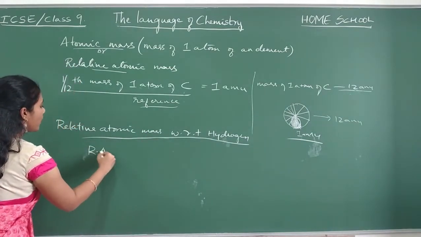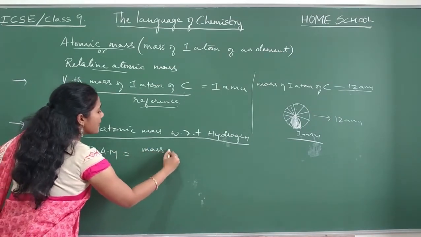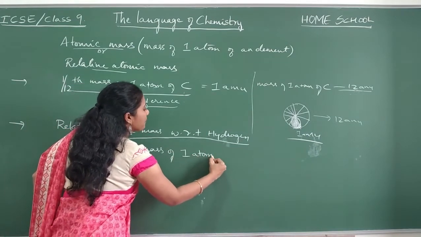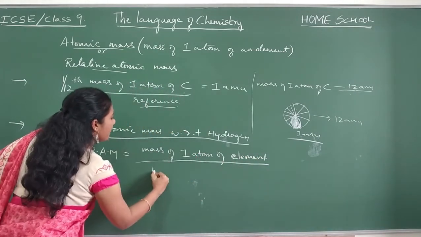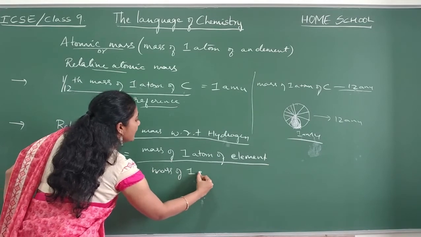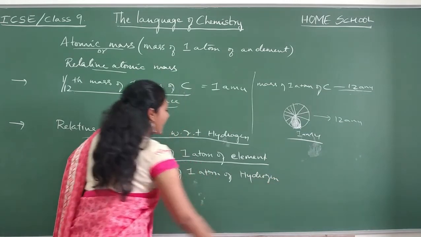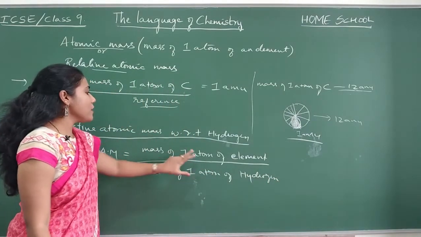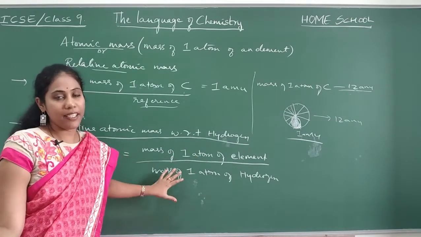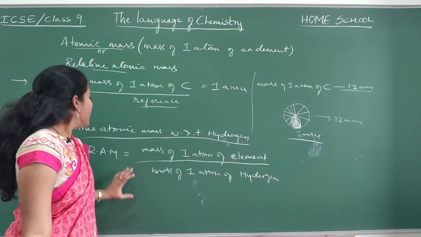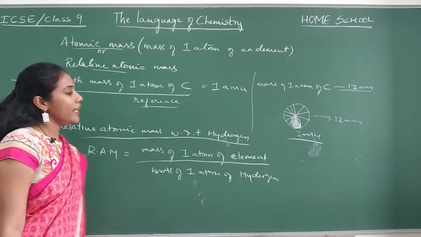Relative atomic mass (RAM) is equal to the mass of one atom of any element divided by the mass of one atom of hydrogen. Yes or no? They thought that the mass of one atom of hydrogen is 1. So if the mass of one atom of an element is 18, then what is the relative atomic mass? 18 AMU is the answer. Yes or no? So this is a formula that you have to remember for relative atomic mass with respect to hydrogen, guys.